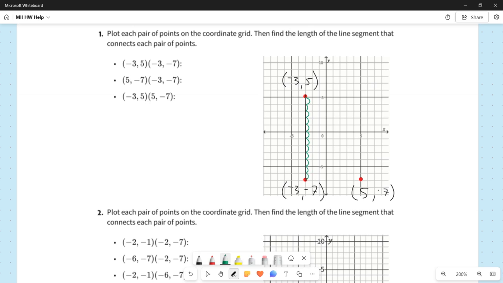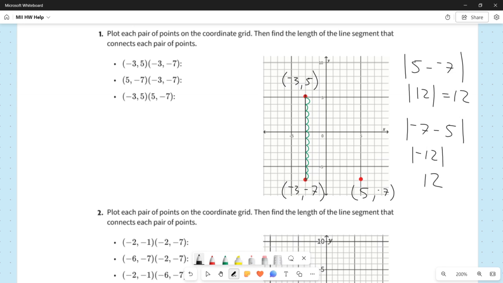Also, notice that if we take the absolute value of the difference of my y coordinates, so the absolute value of 5 minus -7, that's the absolute value of 12, which of course is 12. And if you do it in the other order, if you do -7 minus 5, you get the absolute value of -12, which is still 12.